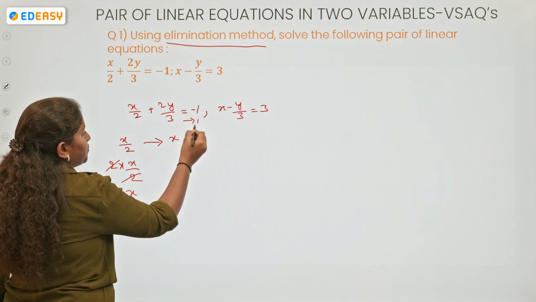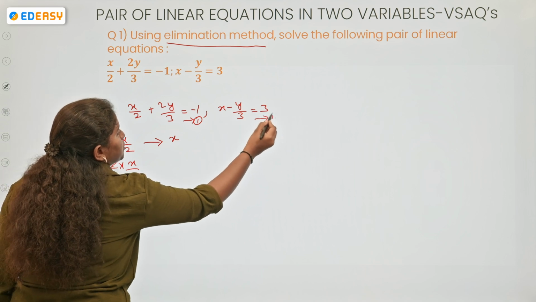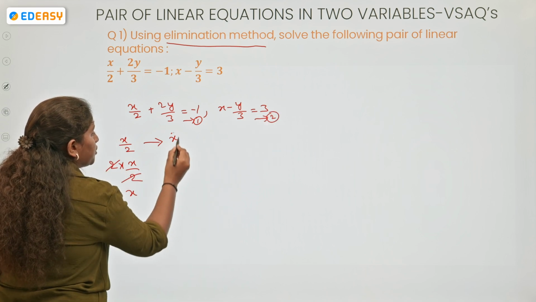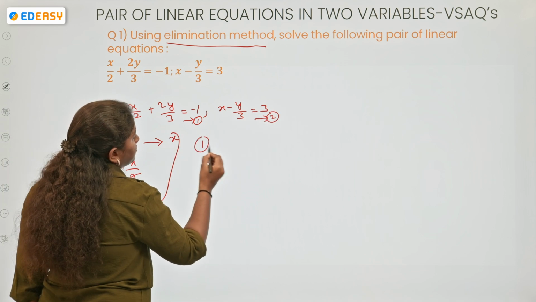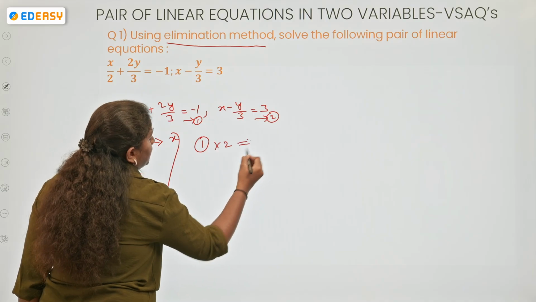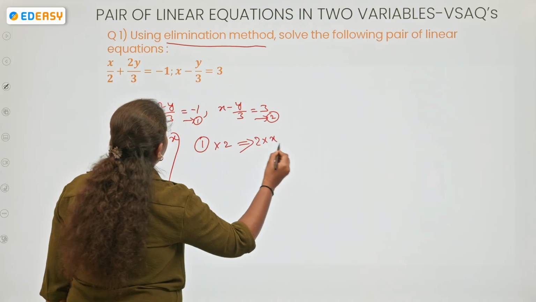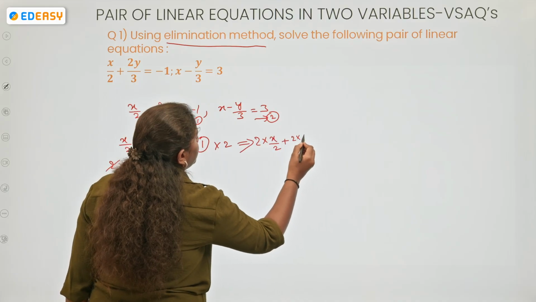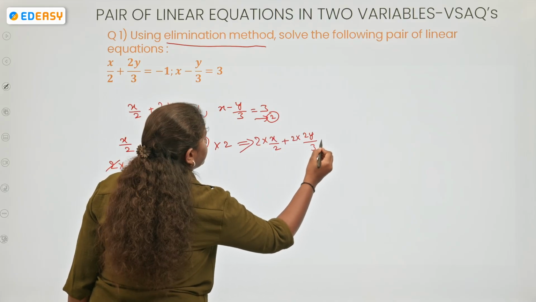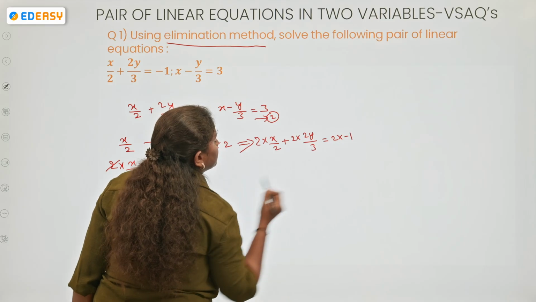This is my equation 1 and this is my equation 2. So, I am going to multiply my first equation with 2. Now, 2 into x by 2 plus 2 into 2y by 3 equals to 2 into minus 1.